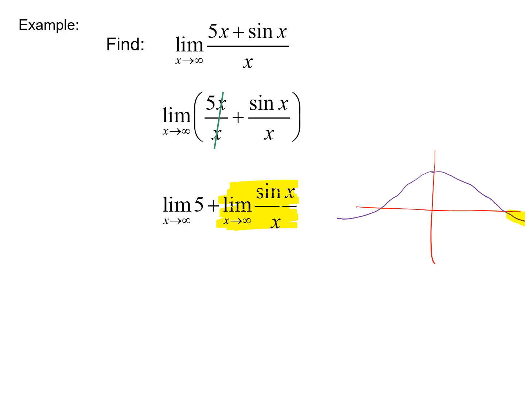It's a little bit hard to see based on my sketch, but that value is actually approaching 0. And the limit as x approaches infinity of 5 doesn't matter, 5 is just the number 5. So we get 5 plus 0, which is just 5. So the limit of this crazy looking problem is essentially 5. Again, if you're not sure, you could look at the entire graph. You could also look at your table to confirm that value.